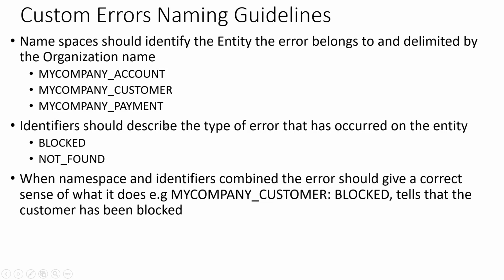The namespace and identifier should be a combination that gives you a sense whenever someone reads this error type. That's the same thing I was talking about: it should give you some sense.